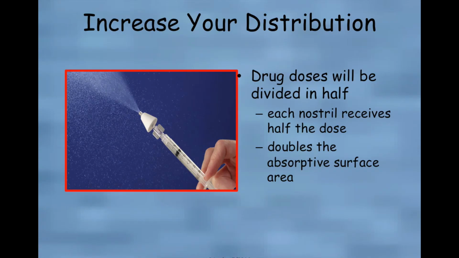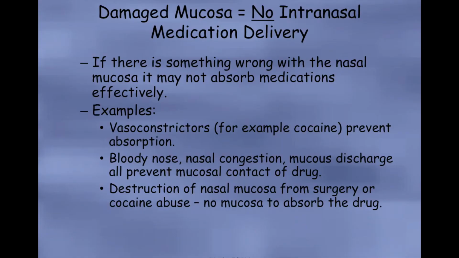So we're dividing our drug doses in half and then putting half in each nostril, which is doubling the absorptive space available. If there's something wrong with the nasal mucosa and it can't absorb medications effectively, you will not be able to use intranasal route.